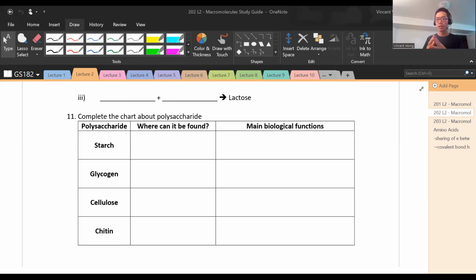What's the process? Okay, Natha said hydrolysis, but that is the opposite. Hydrolysis is to break down polymers. If we were trying to join them together, we need to remove a water molecule. What is the name of that process?